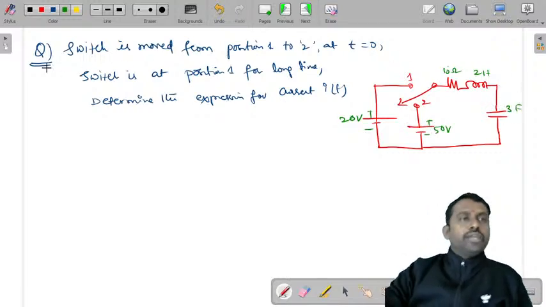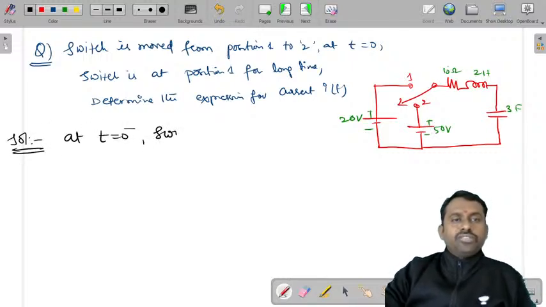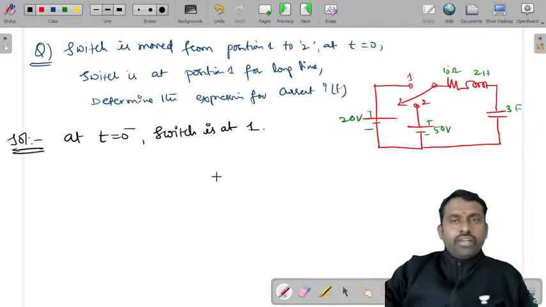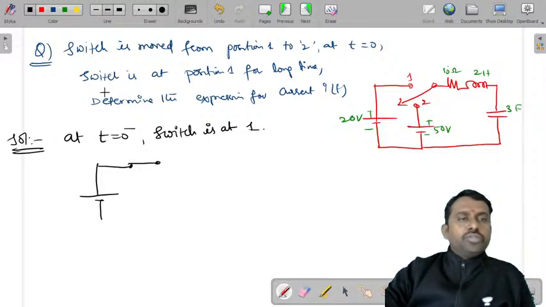So let's try to do that. First we will try to do at t is equal to 0 minus. What is the position of the switch? Switch is at position 1. And how much time is it at position 1? It is for a long time, right? So you need not draw this 50-volt source.